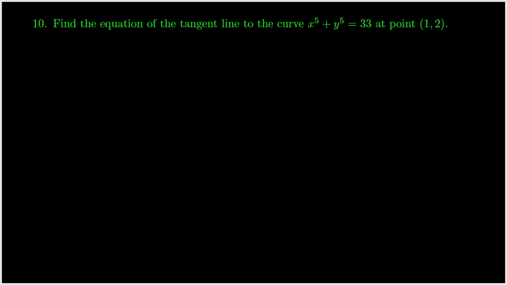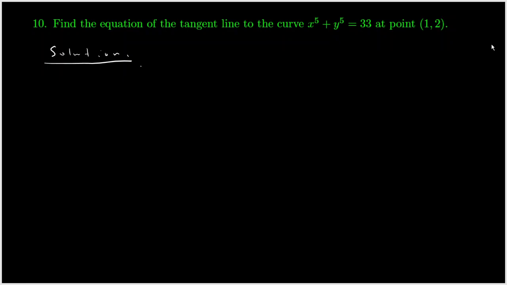Now the solution. So first of all, we do need to make sure this is indeed a point on the curve. By that I mean, if you plug x value of 1, you look at the mouse cursor, and y value of 2 into the equation, it should be satisfied.